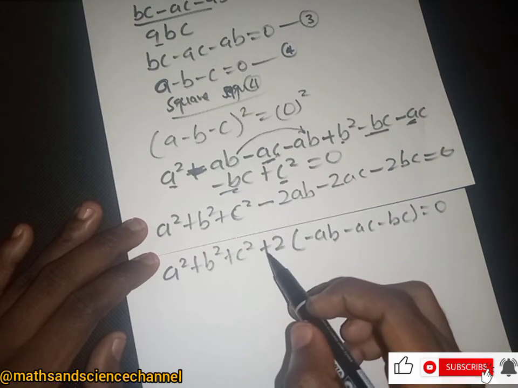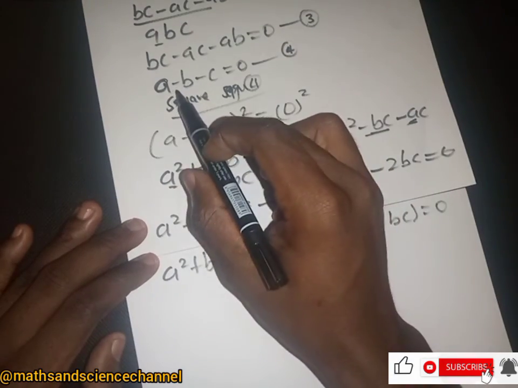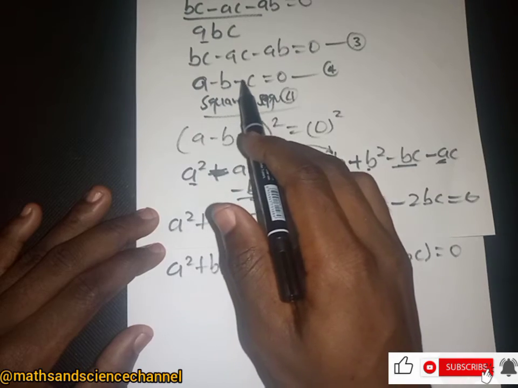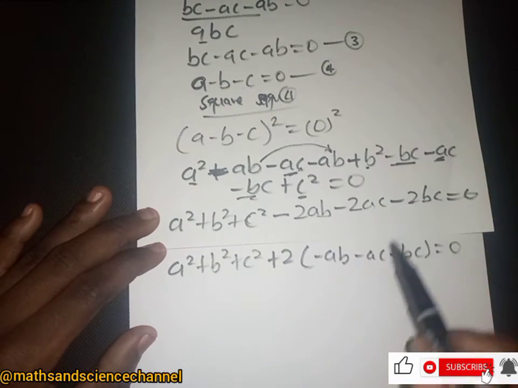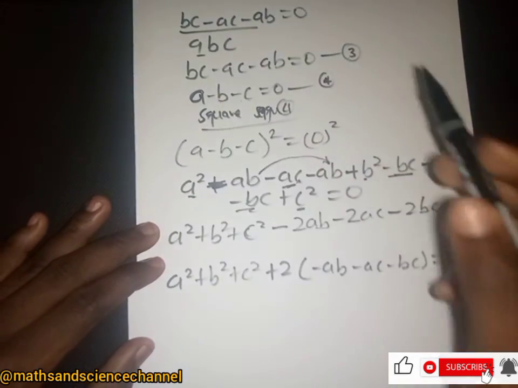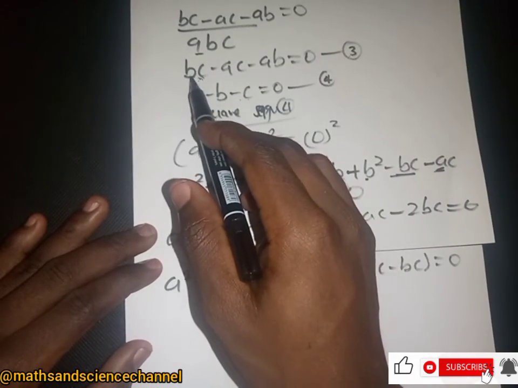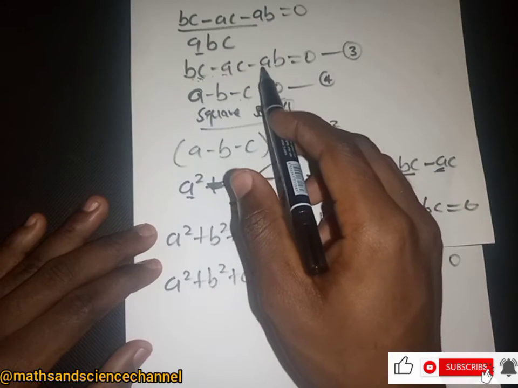Now remember we said from equation 1, a minus b minus c is equal to 0, right? And then also we have established from equation 3 that bc minus ac minus ab equals 0.